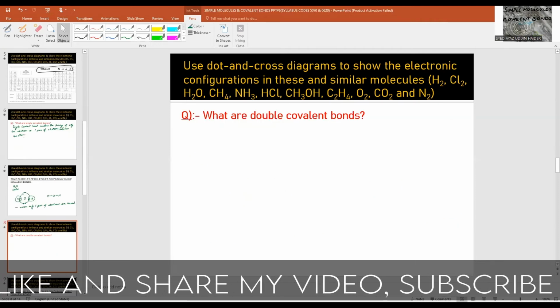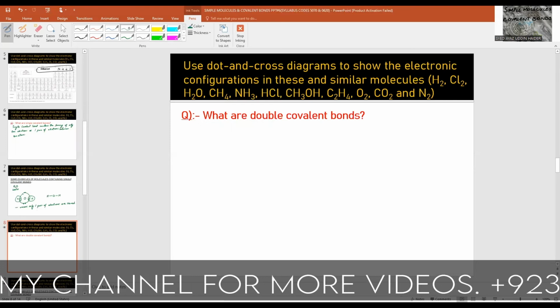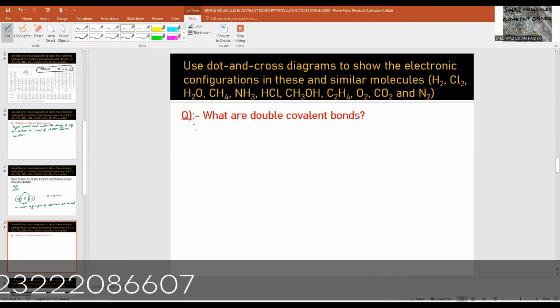What are double covalent bonds? A double covalent bond involves the sharing of only 4 electrons, or 2 pairs of electrons, between two atoms.